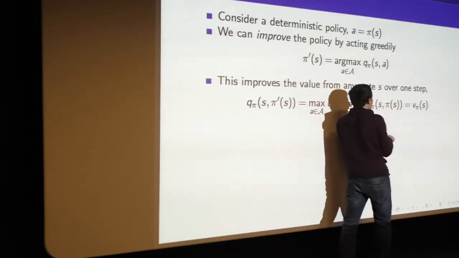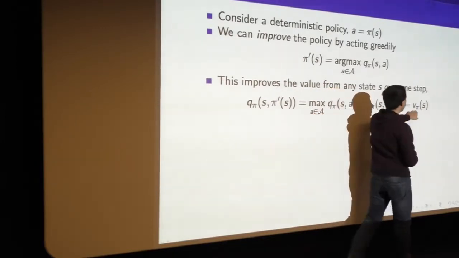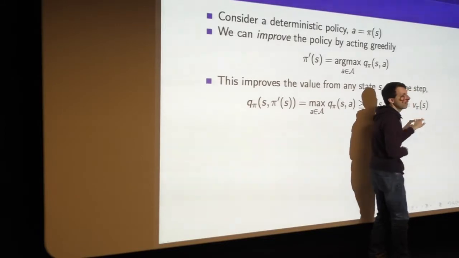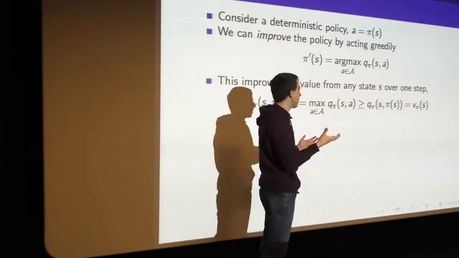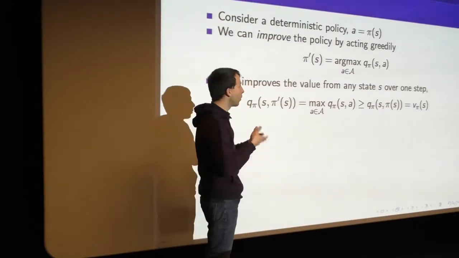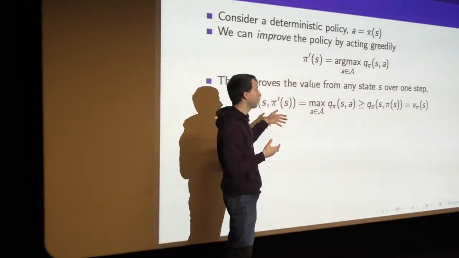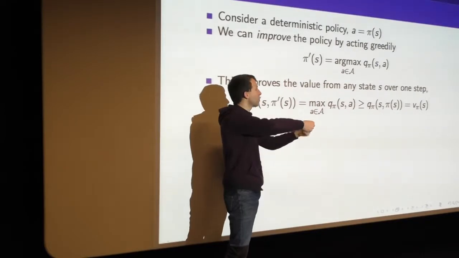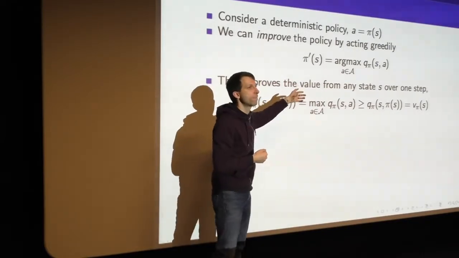It's the same as the thing we started with, v pi. So this is a long-winded way to say that the value function improves over one step at least. If we take our pi prime for one step, we get at least as much reward as the policy we started with.